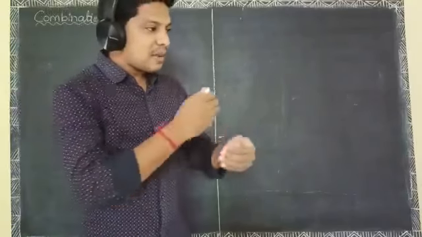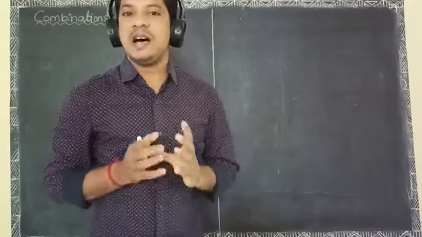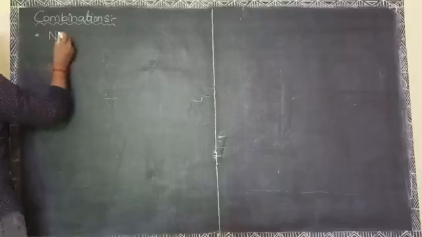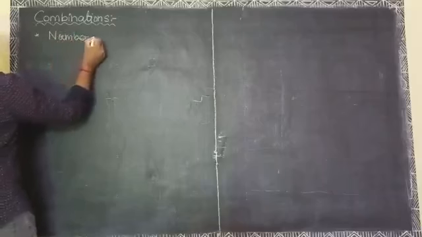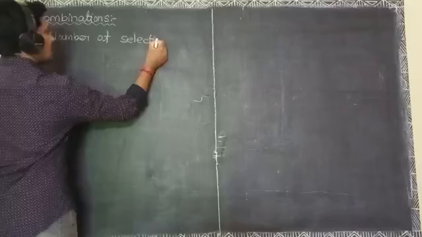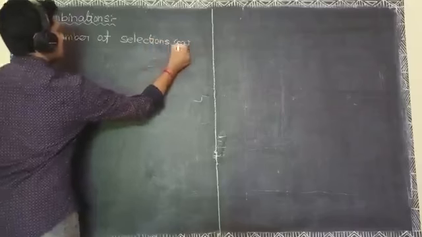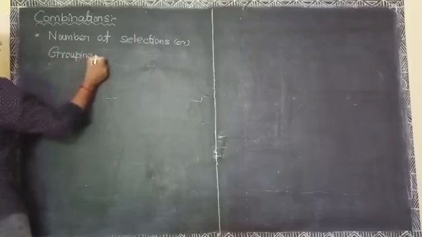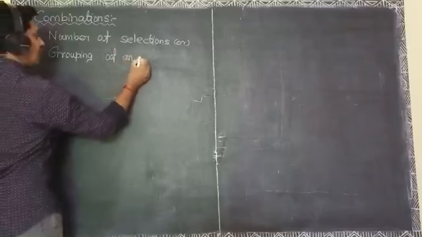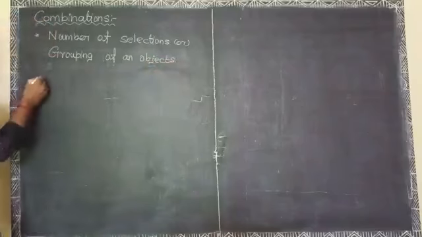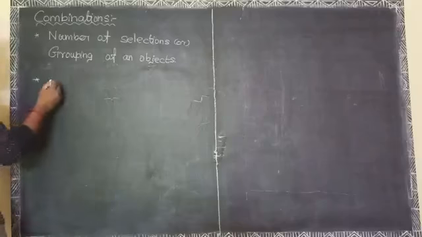Combination is a number of selections or grouping of objects. Here it is denoted by n, c, r.